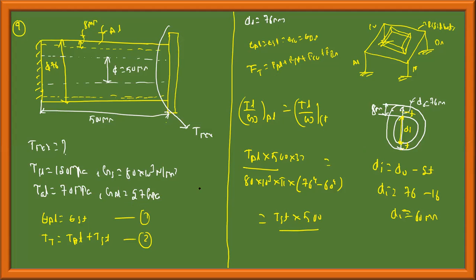G of aluminum is 27 into 10 power 3, 80 into 10 power 3 into pi into d power 4, 50 power 4 into 32. Can you tell me T of aluminum in terms of T of steel?